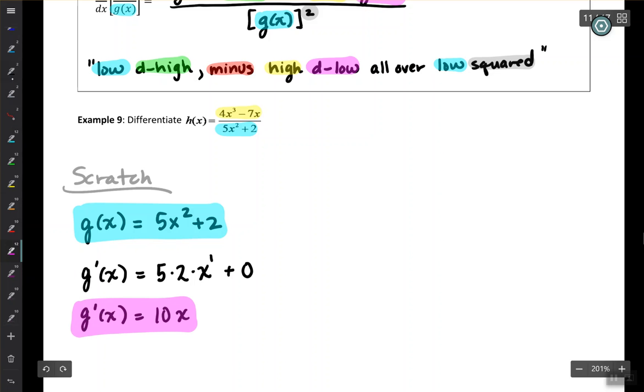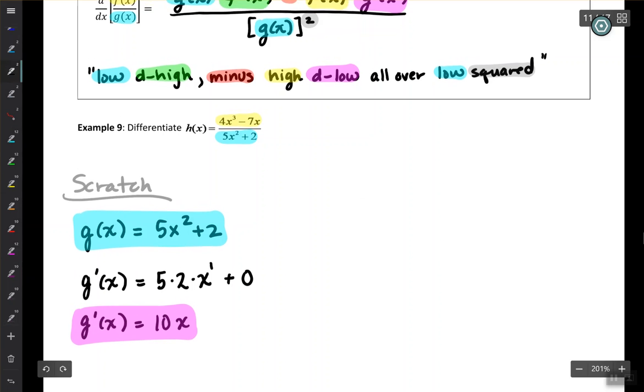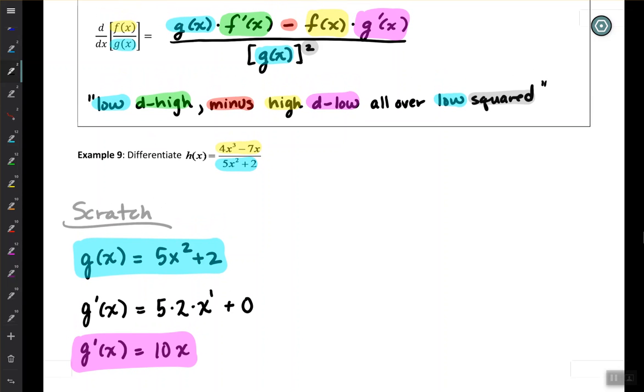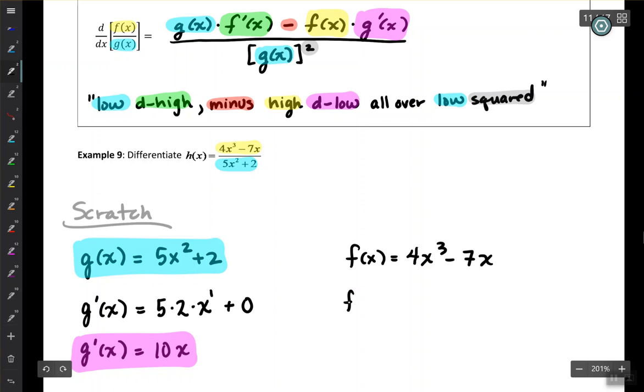Okay. High, my numerator function, is 4x cubed minus 7x. We're going to need the derivative of that, f prime of x. We've got a polynomial, one function of x minus another.